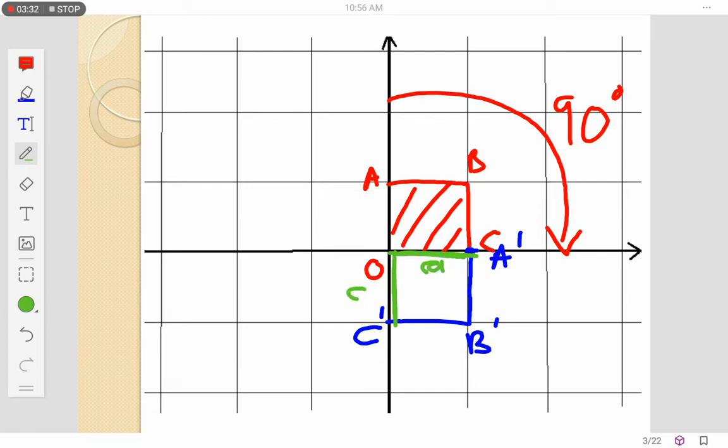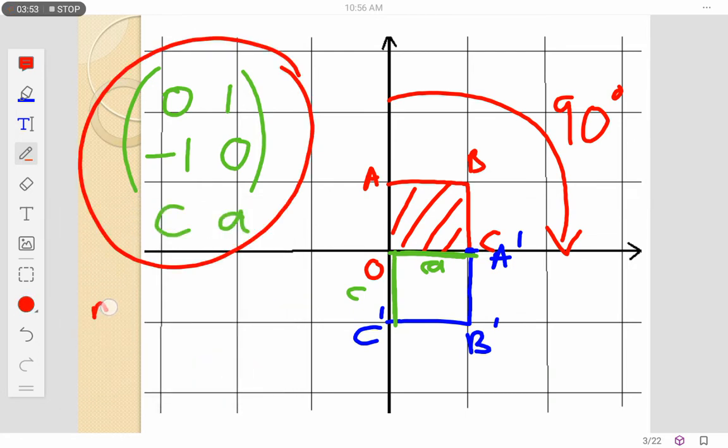I can write my matrix, remembering we have C and A, with my C now at 0, minus 1 and my A now at 1, 0. So this automatically becomes the matrix that we use when we are rotating through 90 degrees about the origin O. That's the first method.